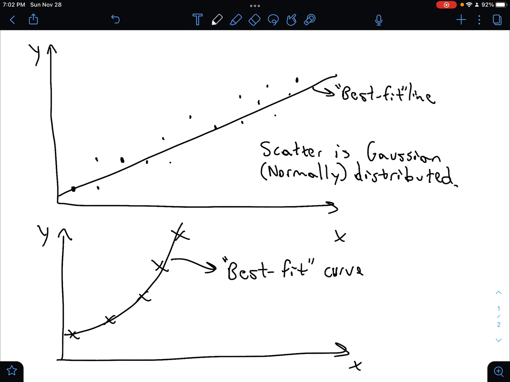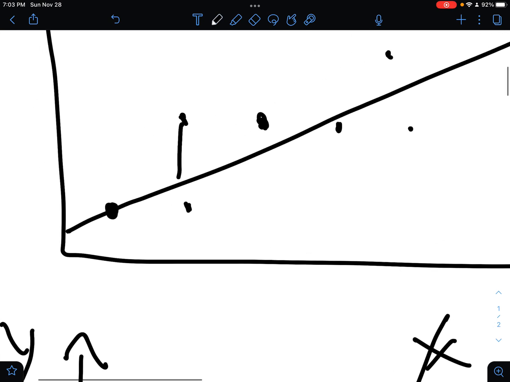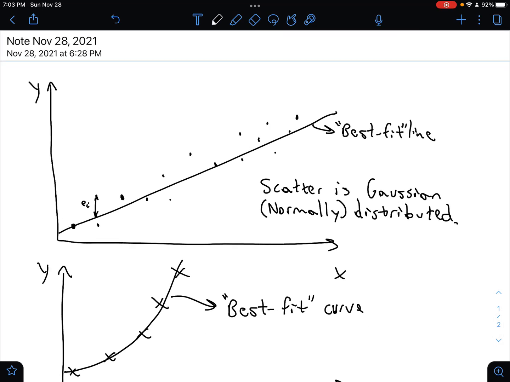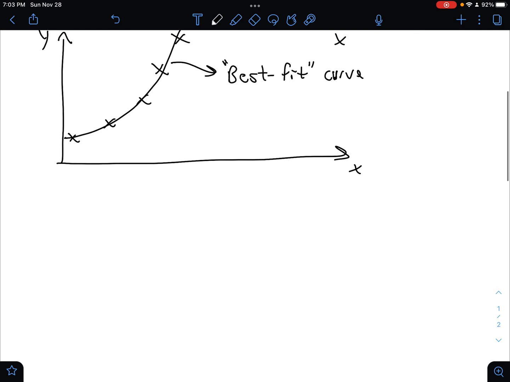In other words, if I were to take each data point after I calculate a best fit line, and I were to calculate the difference between the measured y value and the predicted value from the curve, I'm going to call this E sub I. And I made a histogram of E sub I values.